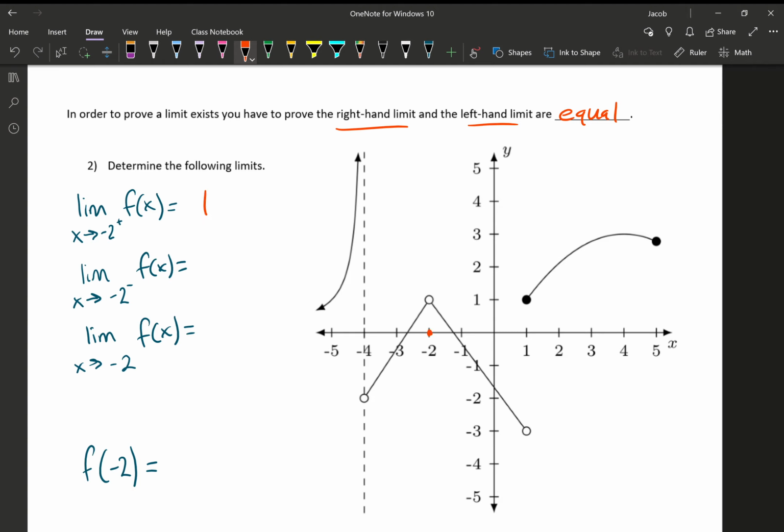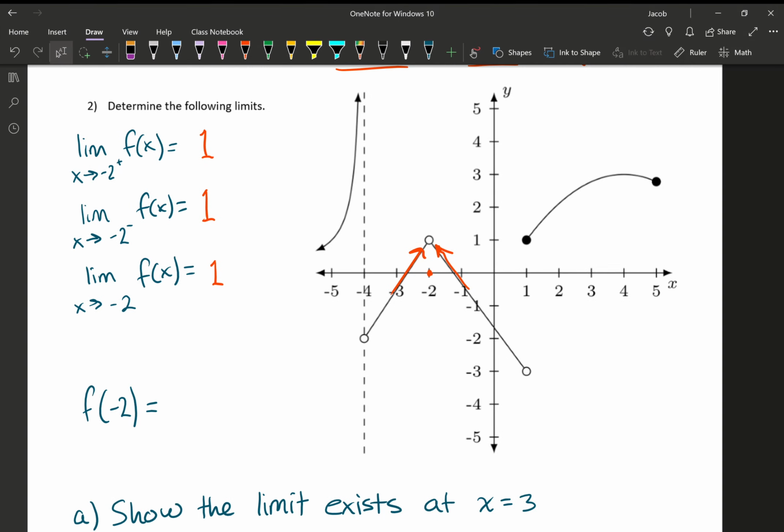We're approaching the y value 1 for the left side of negative 2. Here's the left side, we're going to 1. Here's the right side, we're going to 1. So that means that the limit at negative 2 is 1. It's pretty sound logic once you have indicated what the left and right side limits are. It's pretty easy after that point.